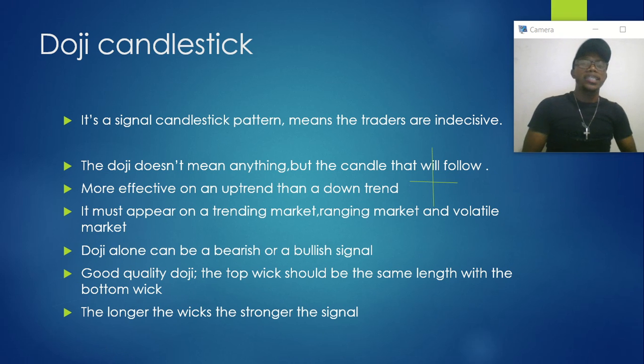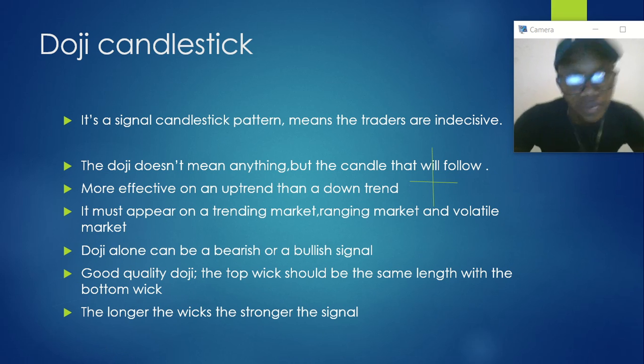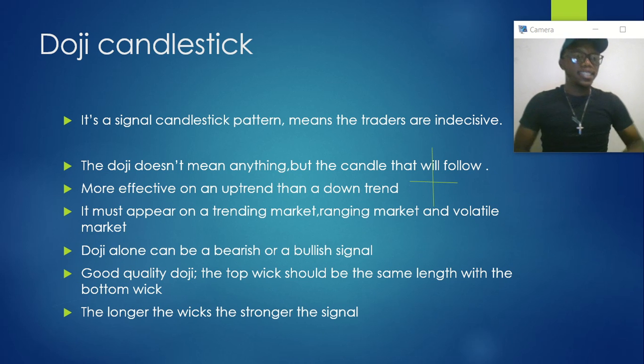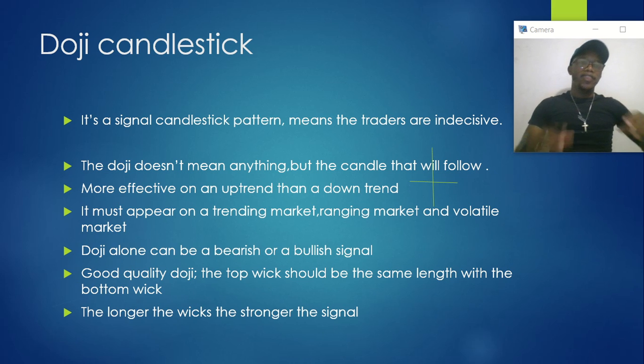The Doji candlestick is a signal candlestick pattern, which means the traders are indecisive. They have equal strength. I can say they have not yet decided if they buy or they sell.